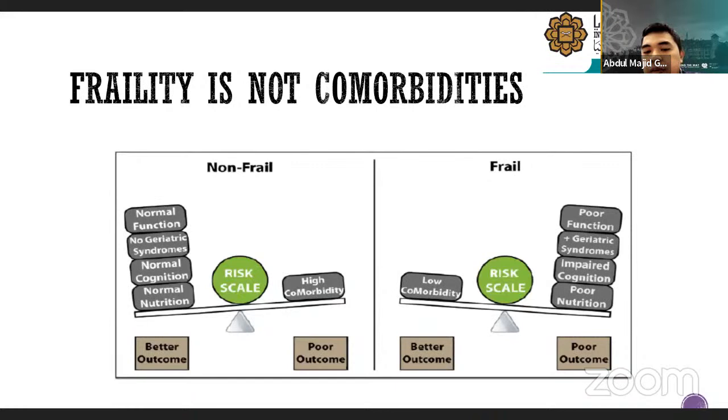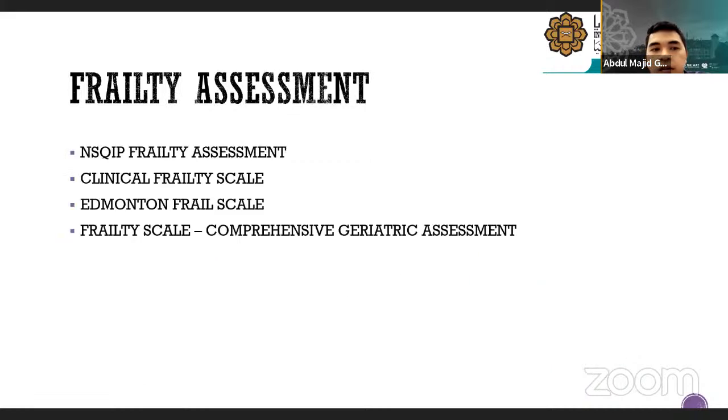If you see a patient with even low comorbidities but very frail, having poor function, geriatric syndromes, impaired cognition, and poor nutrition, the patient has a very high chance of poor outcome post-operatively.